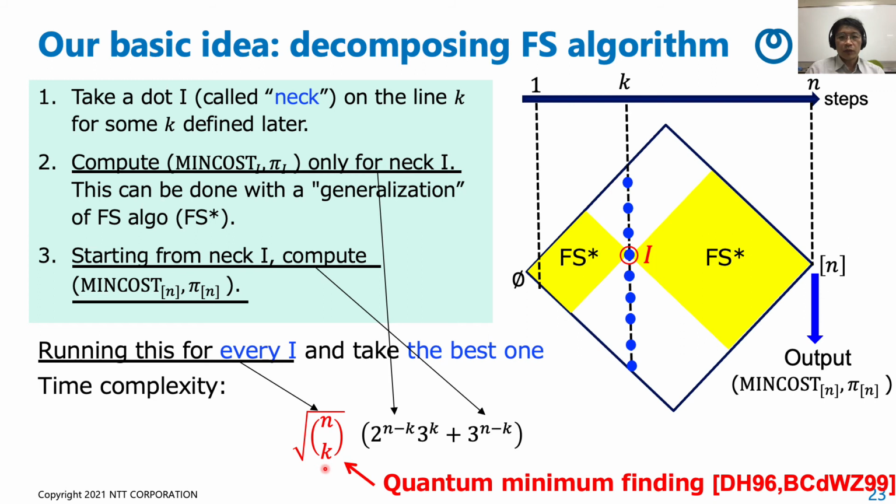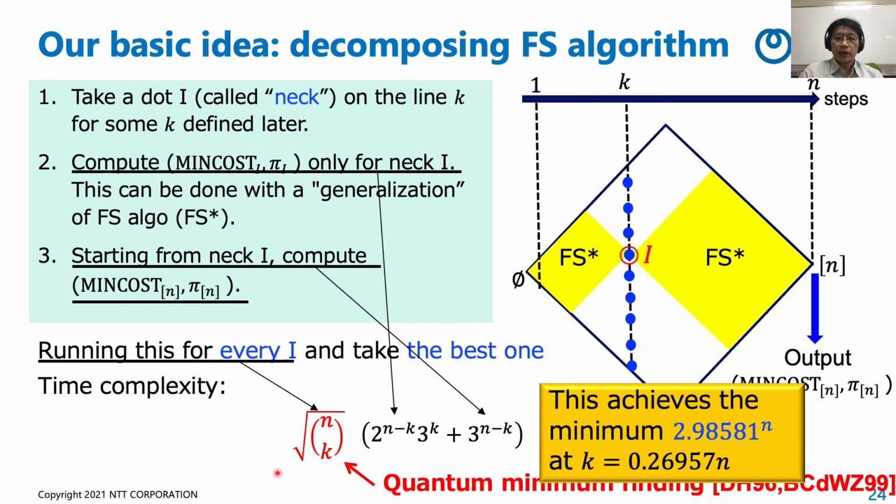And we replace n choose k with the square root of n choose k by using quantum minimum finding. Then this achieves a minimum of 2.98 to the n by optimizing k, but this is a very tiny improvement over the FS algorithm.